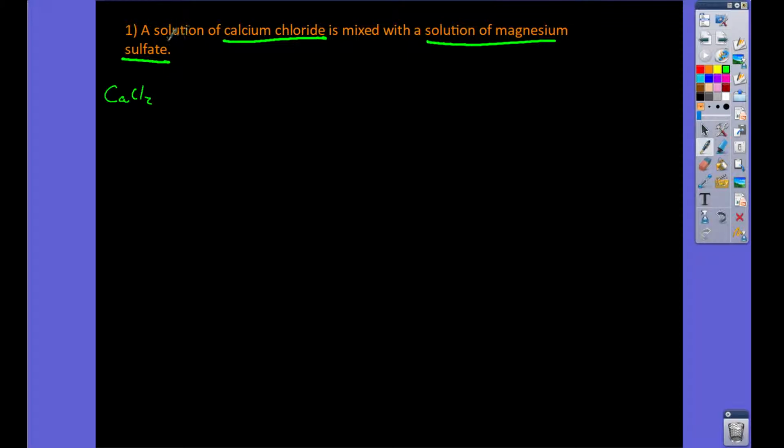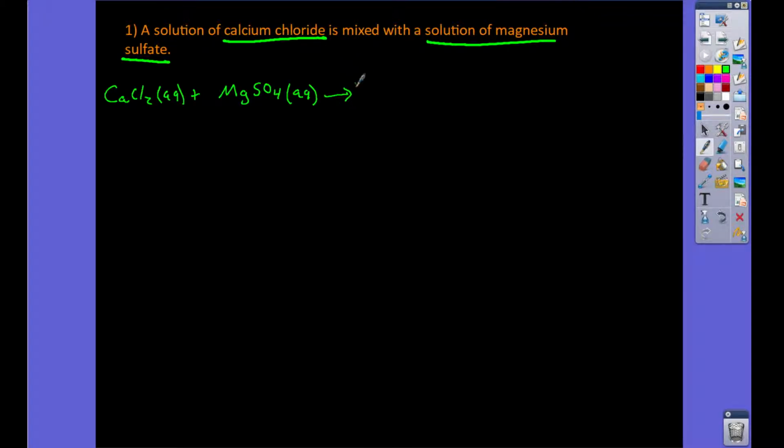And it tells us here that since this is a solution, this is going to be an aqueous compound dissolved in water. Plus our solution of magnesium sulfate, which is going to be MgSO4. And again, since this is a solution, we know that this is also going to be an aqueous compound.